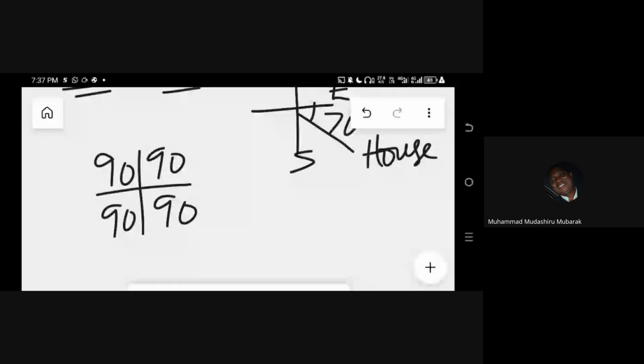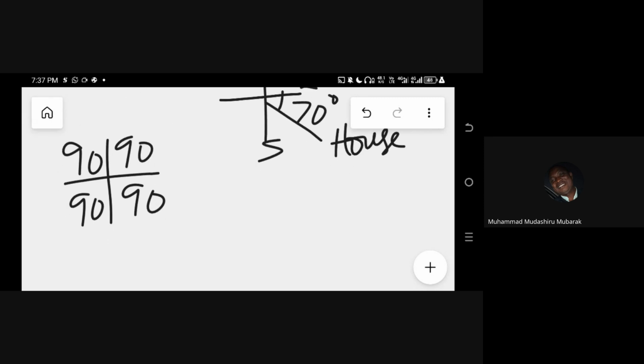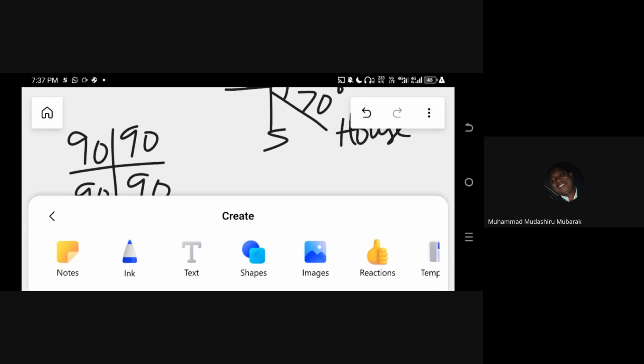Now let's come back and look at this. Is the 70 degrees touching the south? Is it touching the line of the south? No, it is not touching the line of the south.